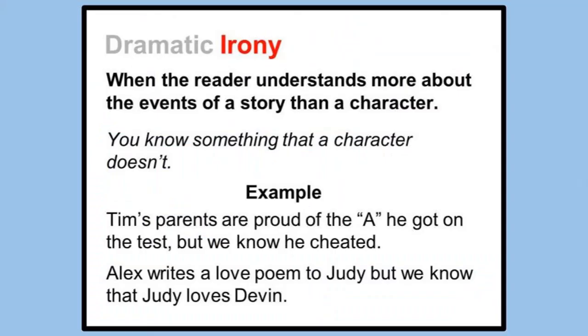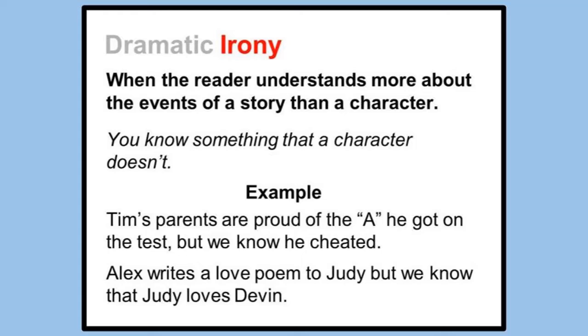The last type of irony we're going to take a closer look at is dramatic irony, when the reader understands more about the events of the story than the character. You know something as the reader that the character doesn't know about. Let's give you some everyday examples.